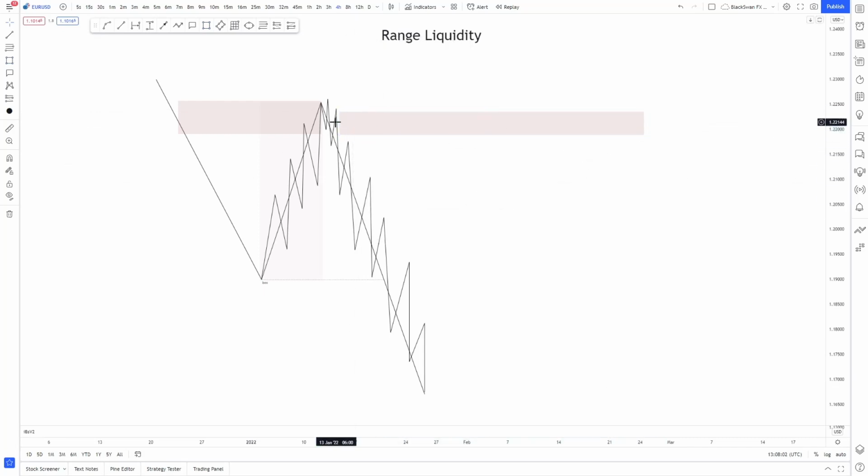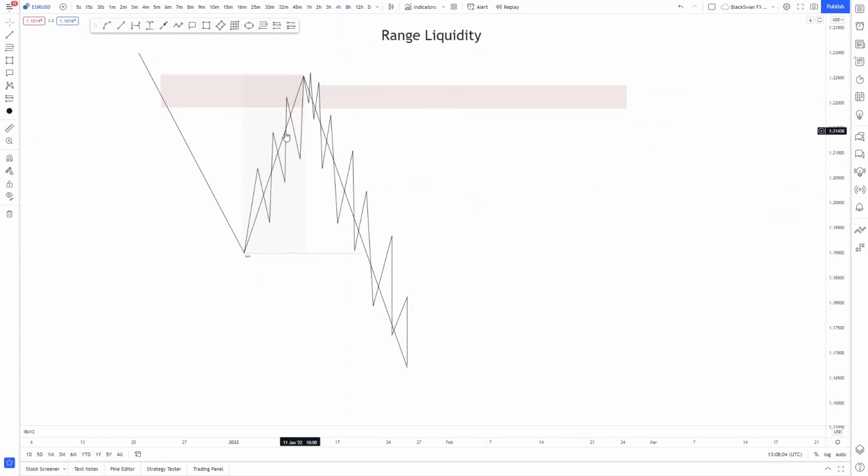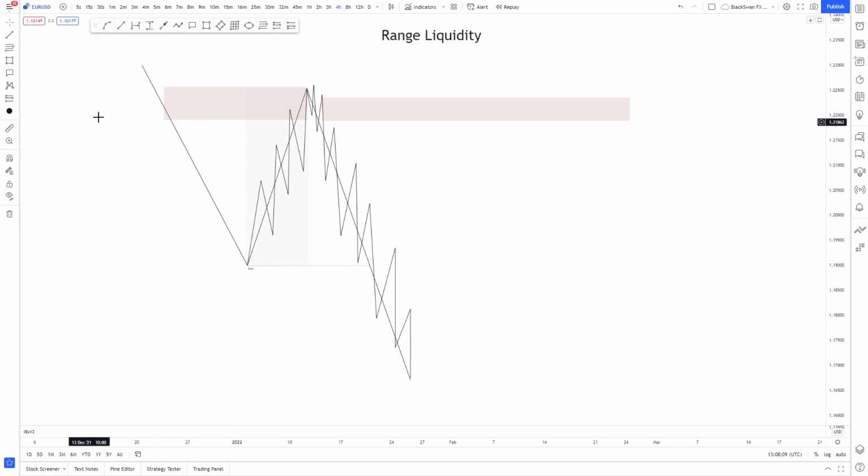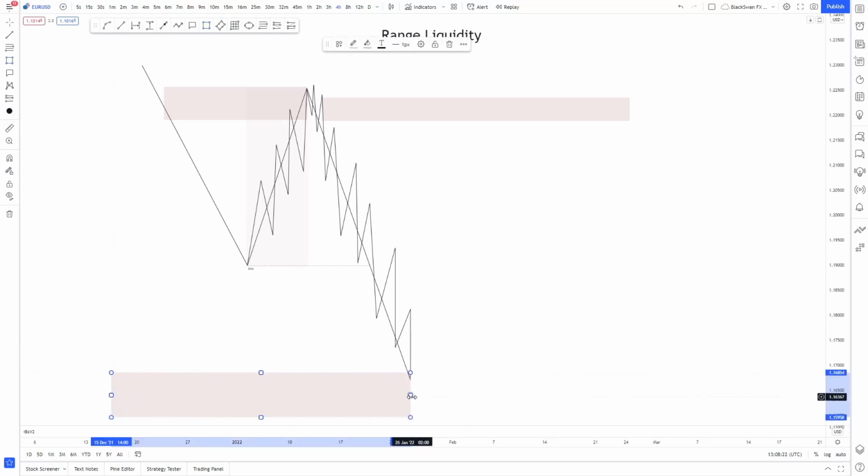And from a psychology point of view, if you've got multiple scaled in sales coming down this leg of price, your mind's going to be telling you, right, I want to get more, and this is where the element of greed comes in, yeah? Because we might have completely dismissed the fact that there's a valid demand zone here, right?